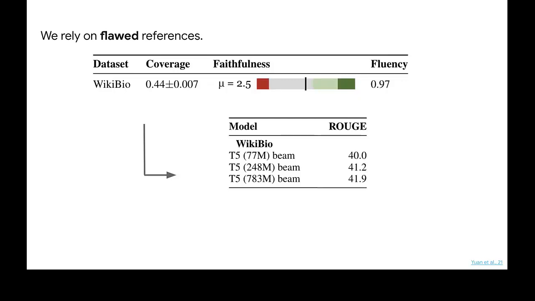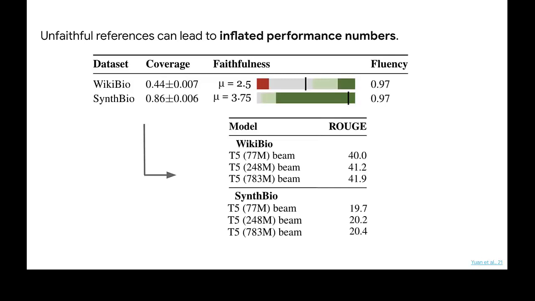And we are then still using these flawed references to compute scores on different models and compare them. But if we actually look at what happens when we fix things, as we did in this study, we created an alternative test corpus, which we called SynthBio because it was fully synthetic.